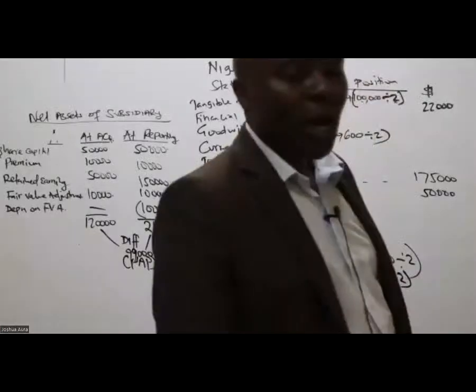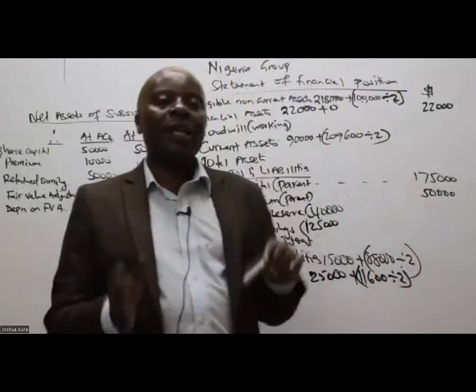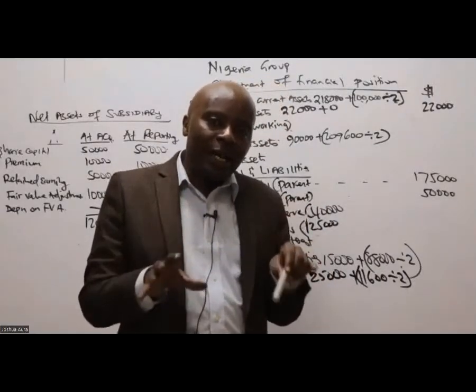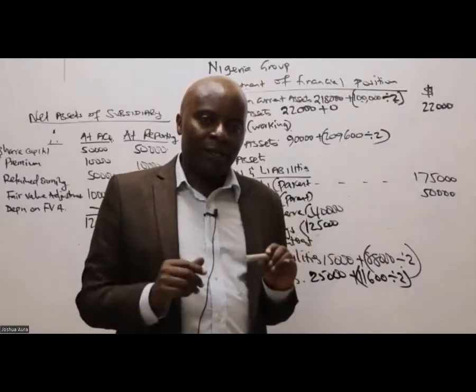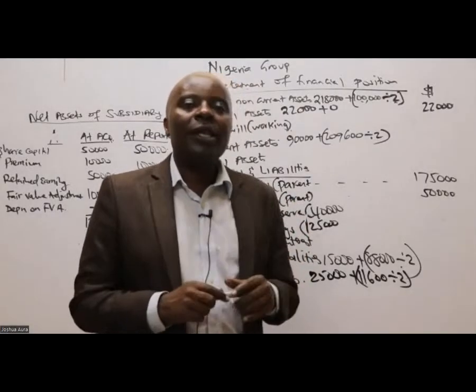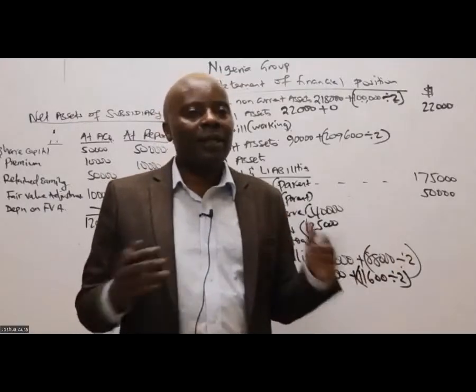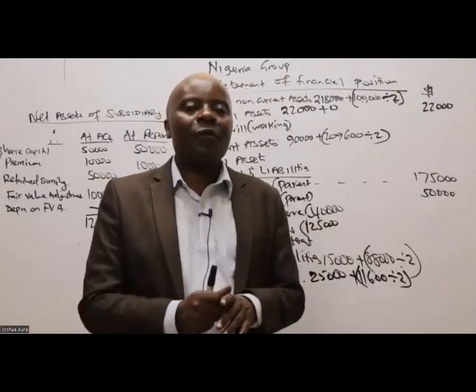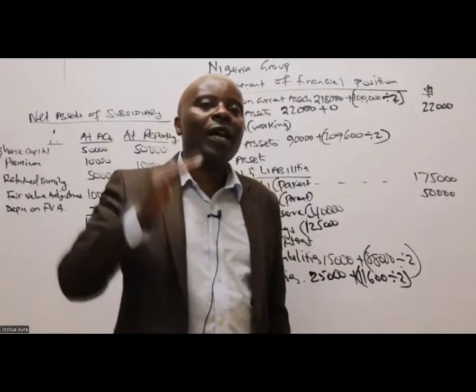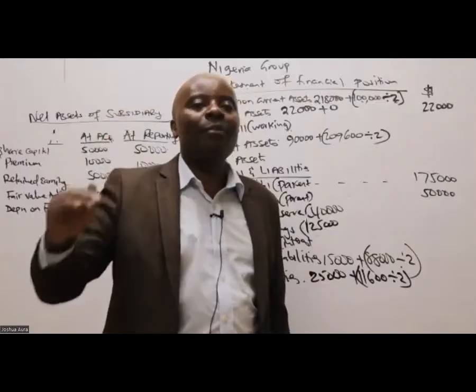So remember, when you acquire a subsidiary, it will be very important for you to have the assets valued afresh. And when this valuer came, he realized that everything else was okay, apart from one item whose fair value was higher than the book value.